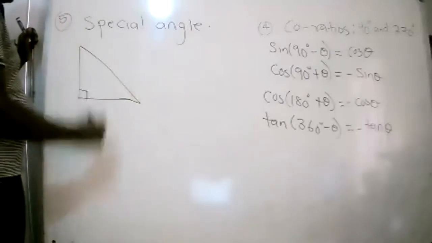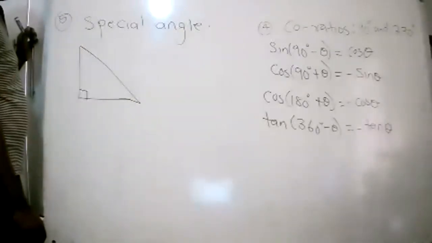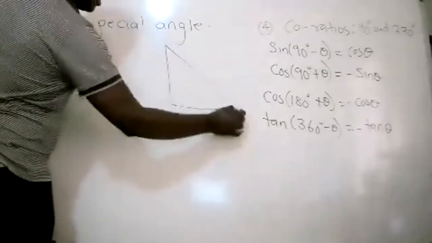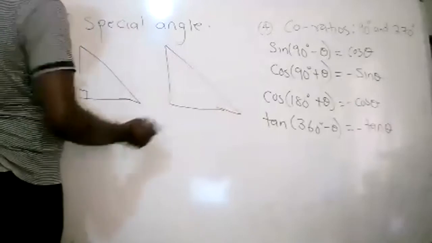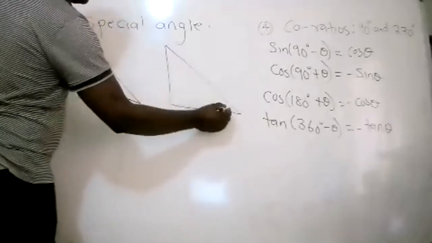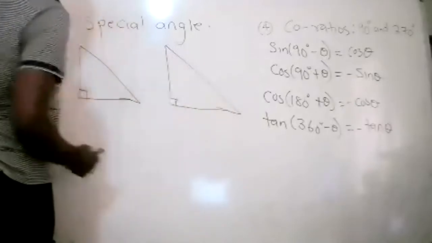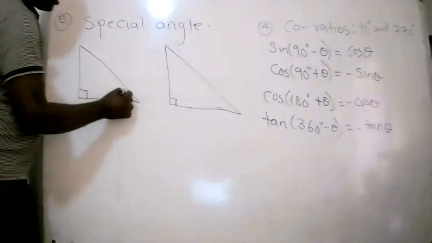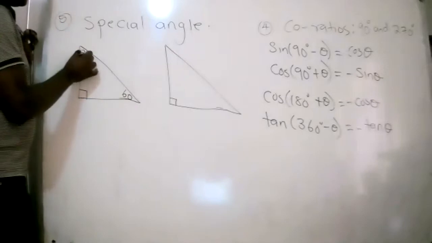A right angle has 90 degree at all times. And let me write two right angle triangles, because we will be dealing with two kinds of special angles here. The first is when we have a 60 degree here and a 30 degree there.